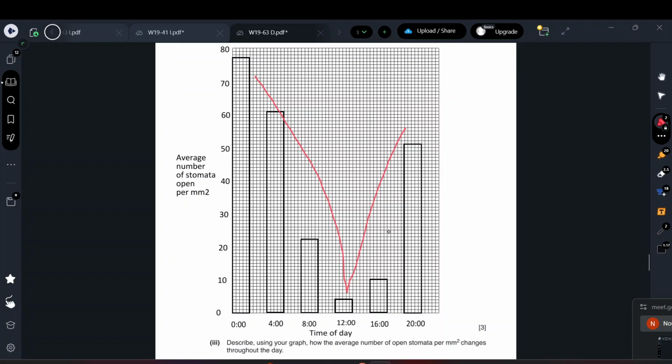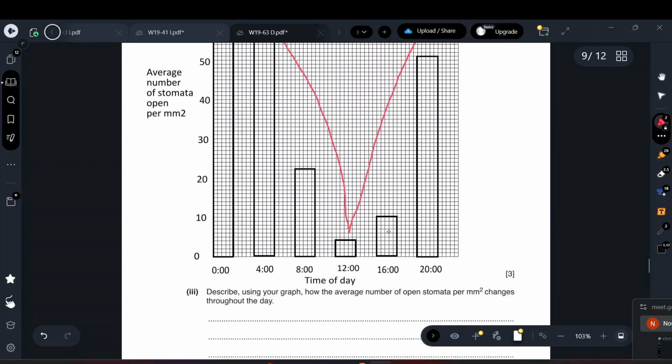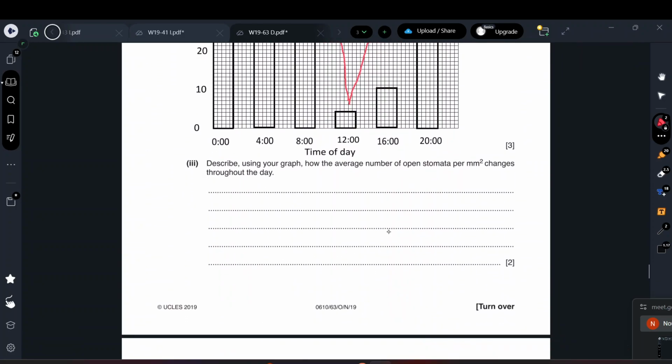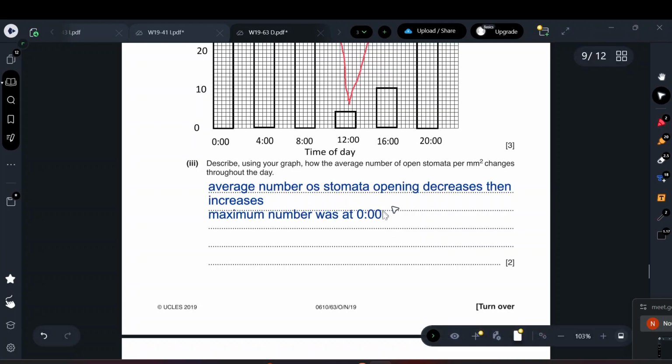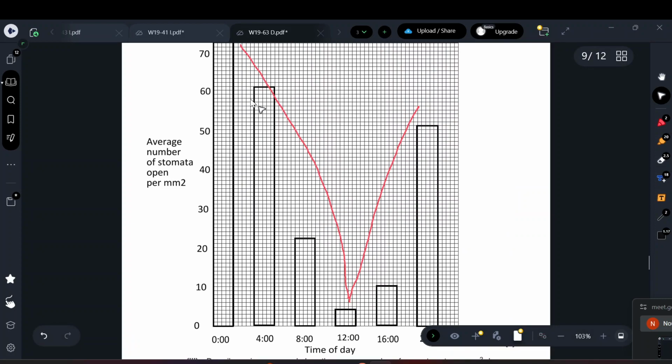I can use numbers, for example 51 at 800. You will just describe the data in front of you. He just needed 2 marks here. If he needs a 3rd mark, I can use data, numbers: how many was there at 4 and how many at 8.